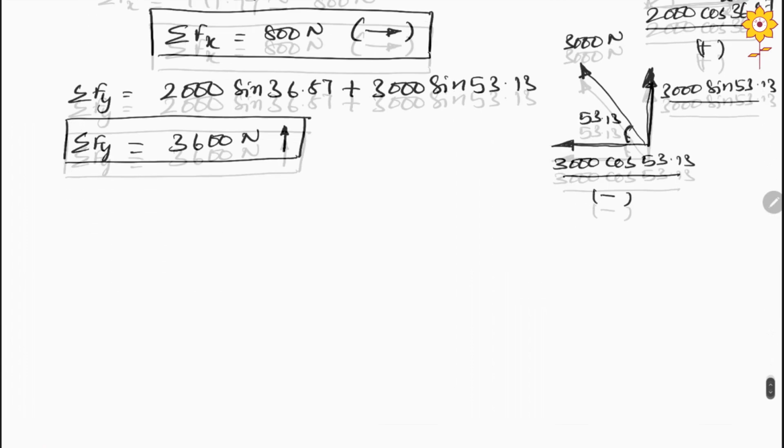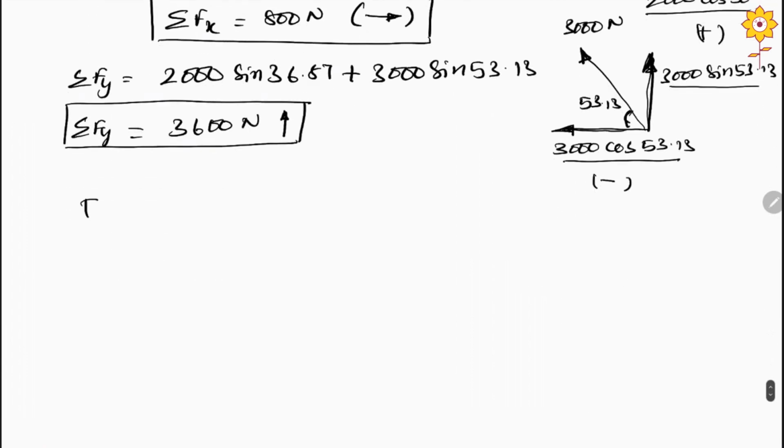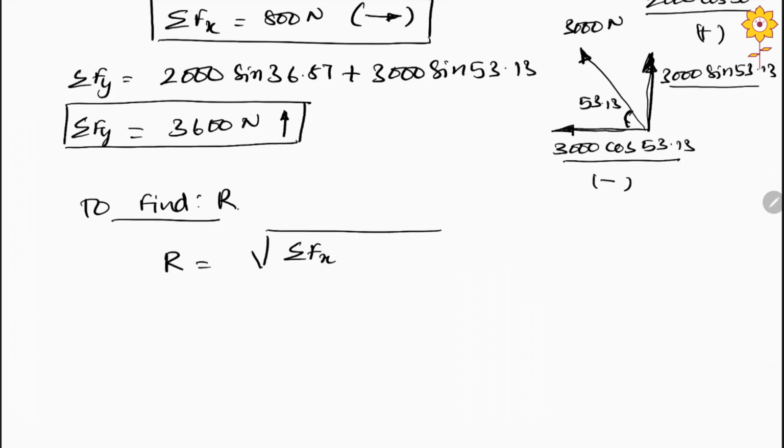Now we have to find out the resultant. To find r, that is resultant, the formula for resultant is r equal to root of summation of f of x square plus summation of f of y square.